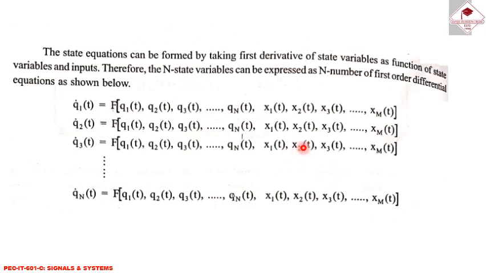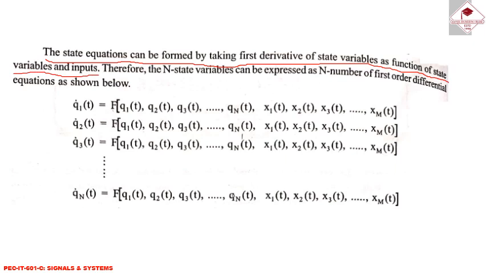Next we are going to see the state equation. The state equation is formed by taking the derivative of the state variable as a function of the state variables and the inputs. So you have to know the derivative.